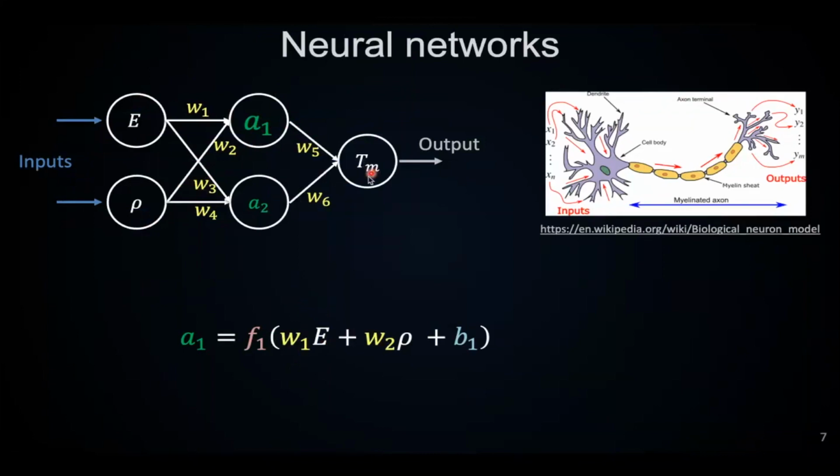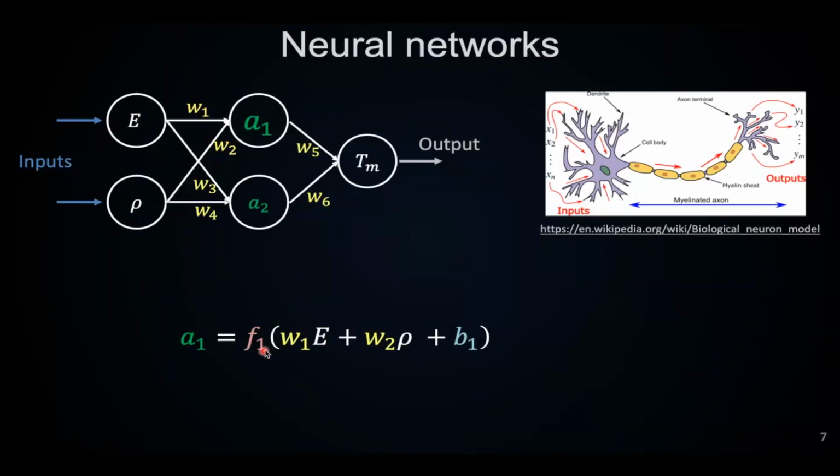Let's say I want to predict the melting temperature of a material, and my inputs are E, the Young's modulus, and rho, the density, okay? So this first neuron gets a signal from E and a signal from rho, and how strong the connection is between these neurons is given by these weights, W1 and W2.